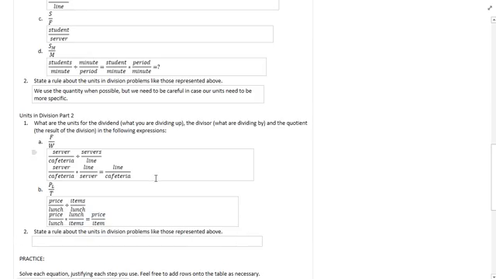Our new rule here is that if we want to be able to divide units, either both tops of our rates need to be the same, or both bottoms need to be the same. That's really it.